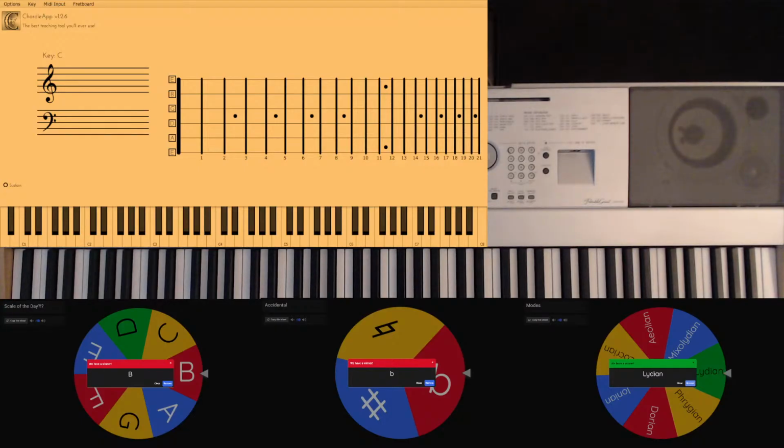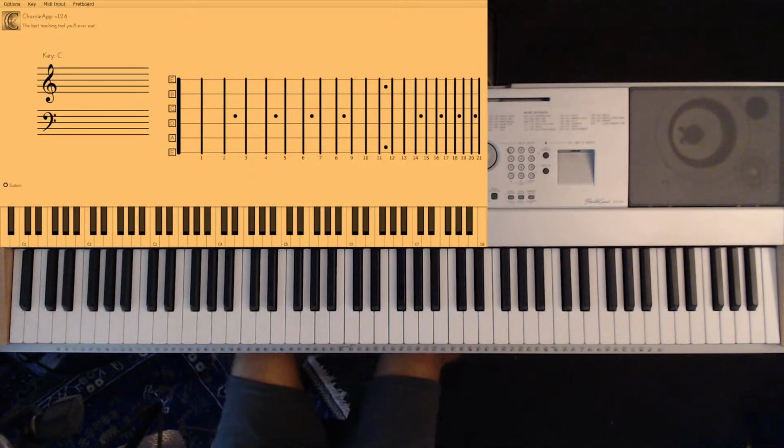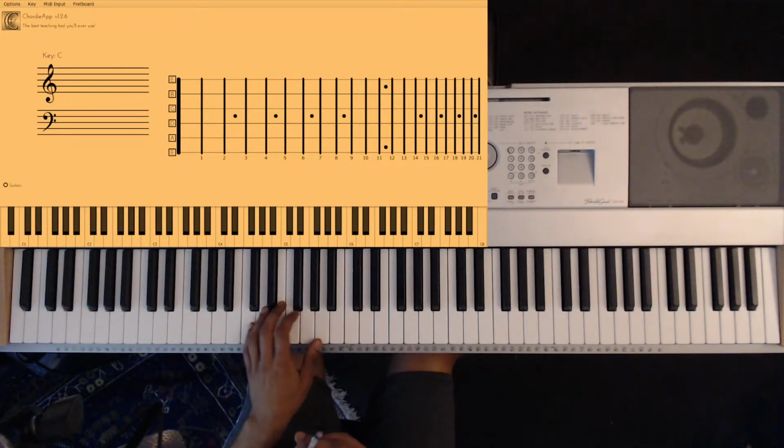Okay, what have we there? We have B flat Lydian. What's that gonna be? So let's look at the parent scale modes.